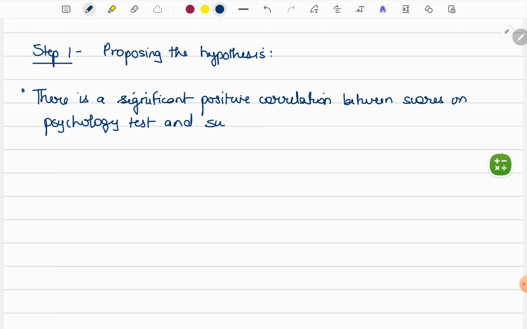I'm just going by the order given in the question. I'll also specify that this is a directional one-tailed hypothesis.